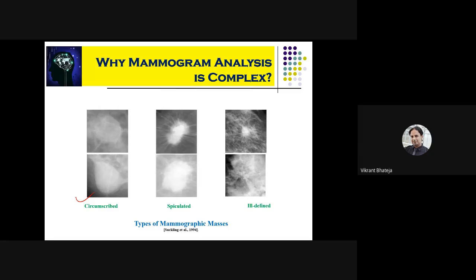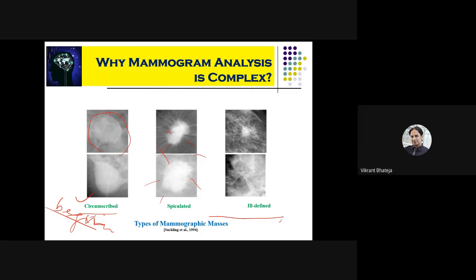You can see the balanced periphery or edges of these masses. But as you see, there are radiating lines coming out of these other regions. These are spiculated masses, and they are more prone to malignancy. Circumscribed masses are generally non-cancerous, or mostly, with few exceptions, benign in nature. Coming to a third category over here.